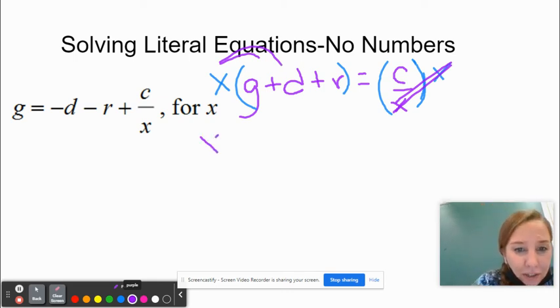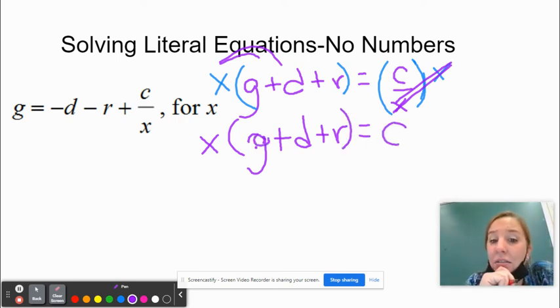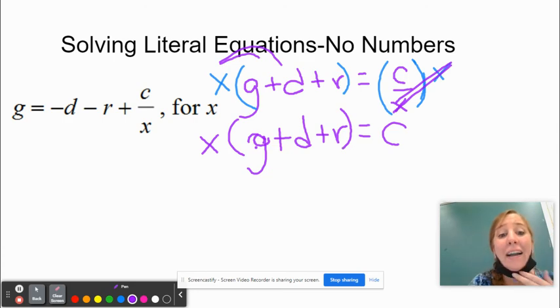So let's just rewrite this. Plus d plus r equals c. So we want to get x alone, right? And it's x times this ugly thing, this term here. So to get x alone, we would have to divide.